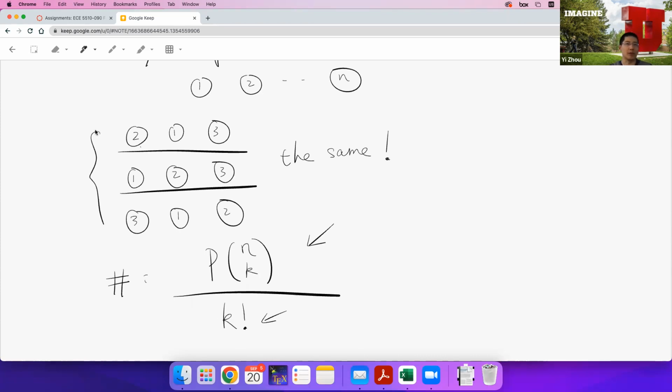Okay. Because in this case, all different permutations among these K objects are treated as the same thing. So we are going to use division. We're going to divide it by all the possible number of permutations within these K objects. So this is the final result.